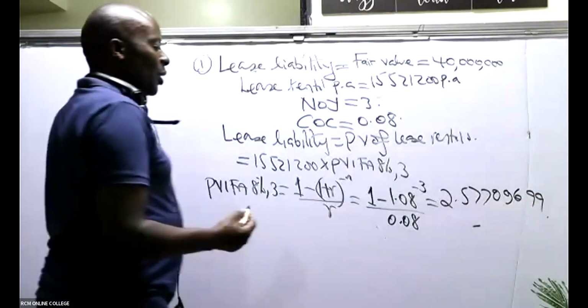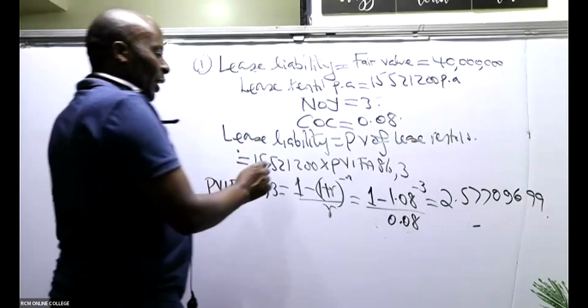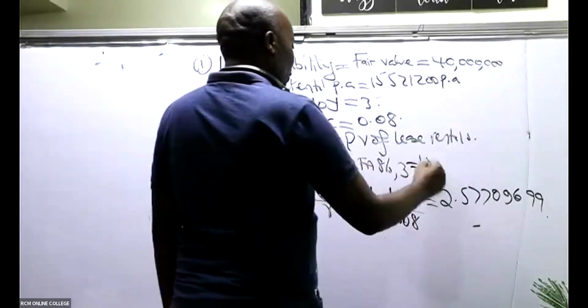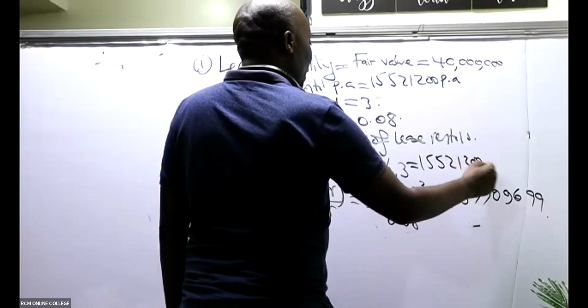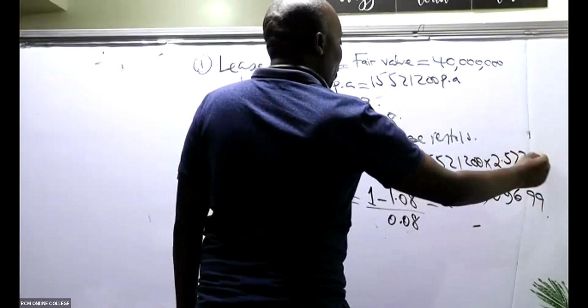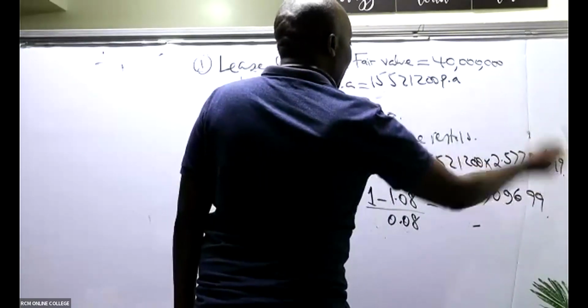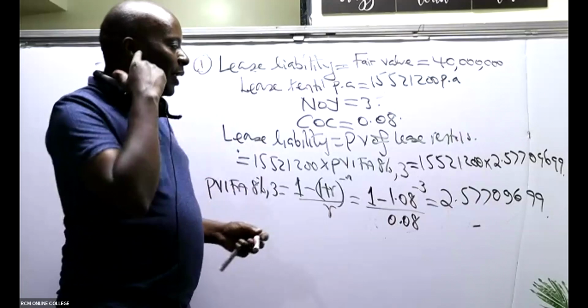Therefore, this lease liability will be the number that we have here, which is 15,521,200 times this ugly figure here, 2.57709699. Is there somebody who is able to give me the lease liability?